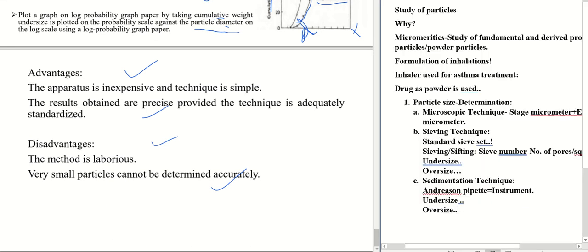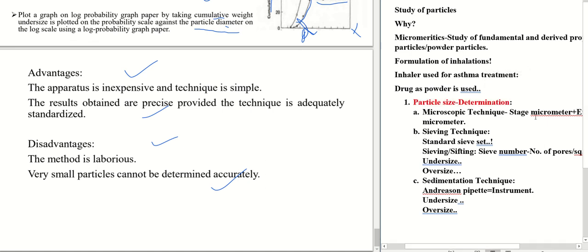In this lecture, we discussed the fundamental properties of particles, and out of many fundamental properties, we discussed particle size and its determination methods. What are the various determination methods for particle size?